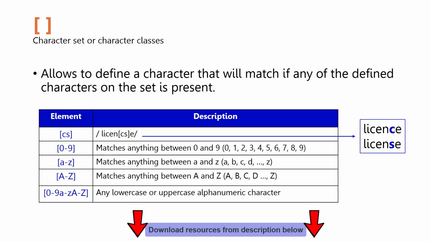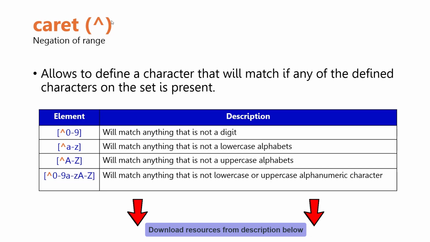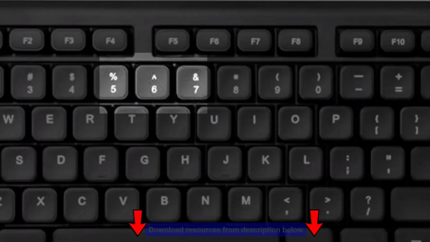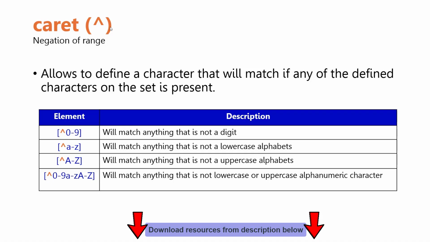There is another possibility, that is negation of ranges. We can invert the meaning of the range or the set of characters which we have defined within the square brackets. We can invert this by using a symbol called caret, which you will see on the keyboard. Usually this symbol is used for the negation of a range.